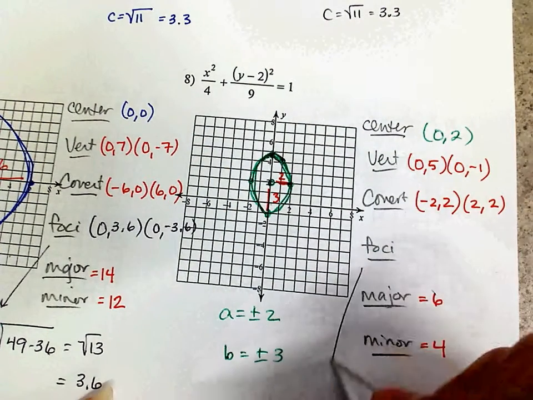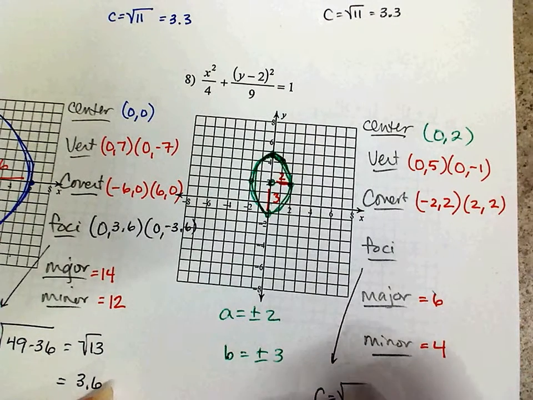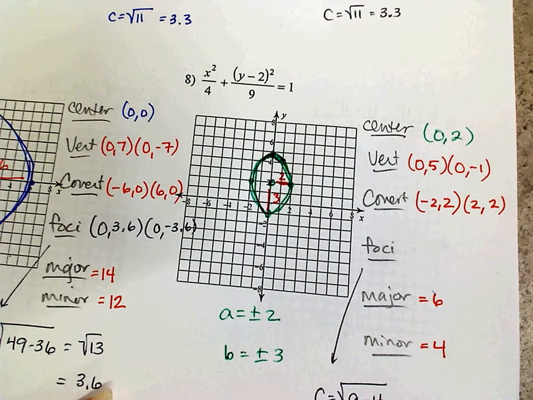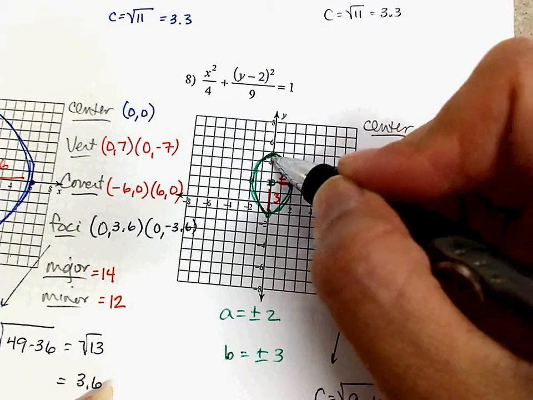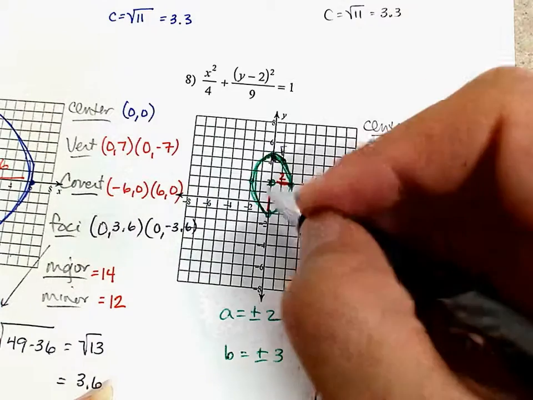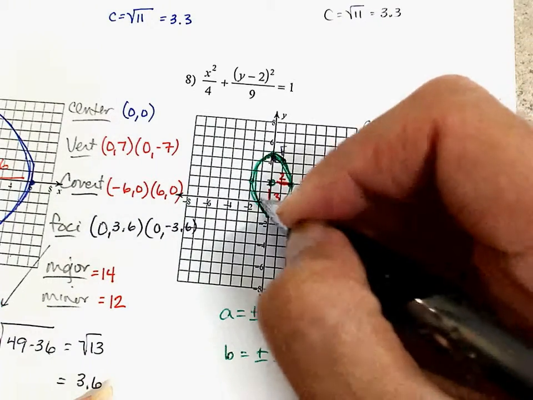C equals square root of 9 minus 4, which is square root of 5, which is about like 2.1, 2.2, yeah, 2.2. From the center, 1, 2. 1, 2. So your foci is 2.